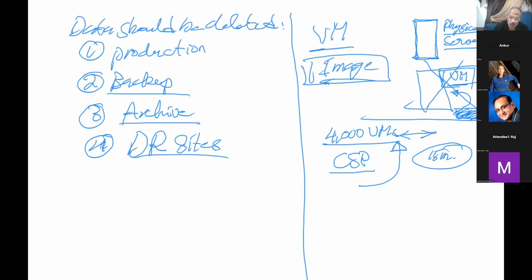Usually, gentlemen, the cloud service provider will update the images. They will not touch your VM at all, but they will update the images. If you have 4,000 VMs, this means you have 4,000 images on the objects.